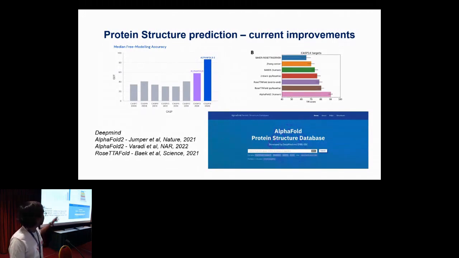As can be seen from the GDT scores on the plot, AlphaFold 2 outperformed all other techniques by a lot. Soon after that, David Baker's lab came up with a tool called RoseTTAFold, which was also based on similar deep learning techniques, and we hence used both AlphaFold and RoseTTAFold for our work.